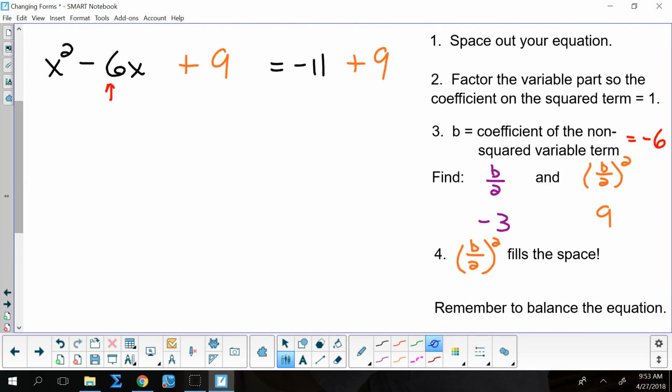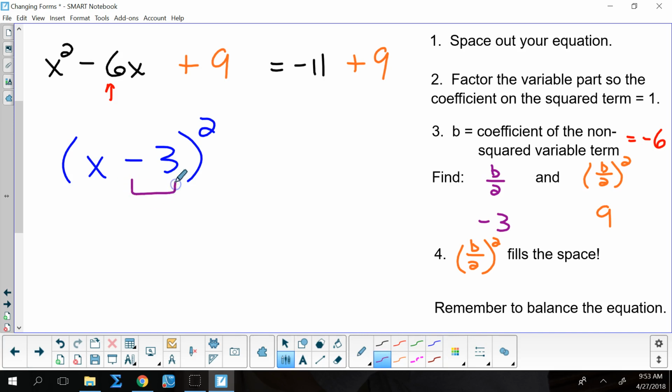So if I factor this side, that's going to become x minus 3 quantity squared. Which, Natasha, back to your question, why does the negative sign matter? Because this number right here is going to be the b over 2.